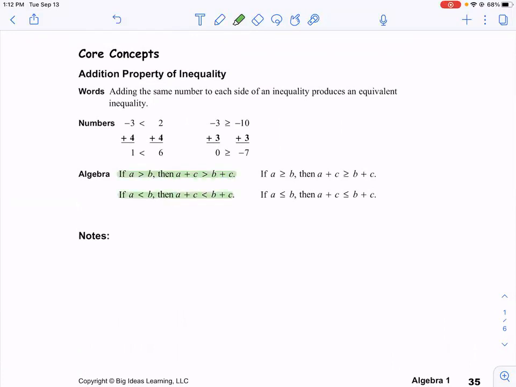And whether it is a greater than or less than, greater than or equal to or less than or equal to, it is totally fine for us to add the same number to both sides because it's not going to change our inequality. So let's put that into action.